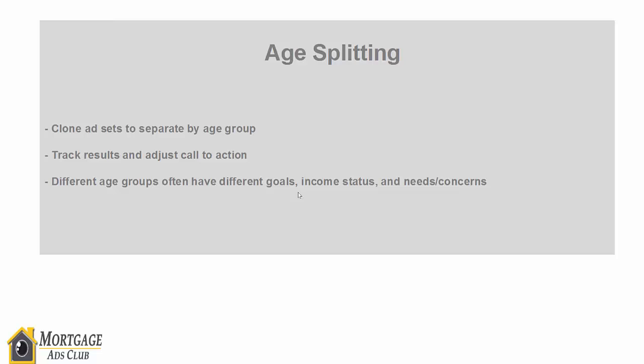So age splitting is our technique number 4, and this is similar to the other 3. Do you think that individuals that are in their early to mid 20s have the exact same questions and concerns and life experiences and buy with the same considerations as somebody in the 55 to 60 age bracket?